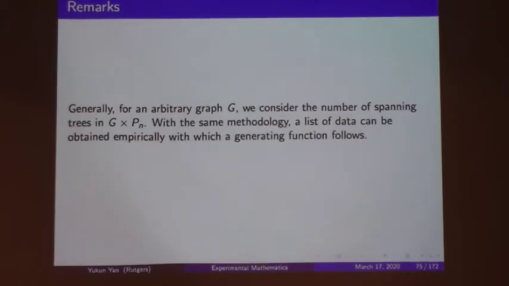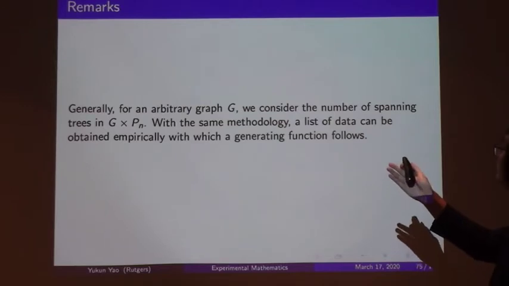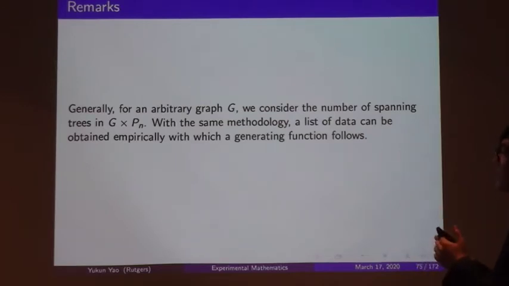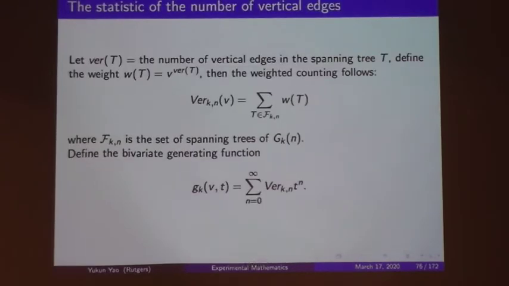And more generally, we can consider an arbitrary graph G, and we consider the number of spanning trees in G times Pn, where Pn is just a path. We also did this for a cycle, like a 3-cycle or 4-cycle times Pn. And then we can also consider the statistic of the number of vertical edges, so we will have a bivariate generating function.